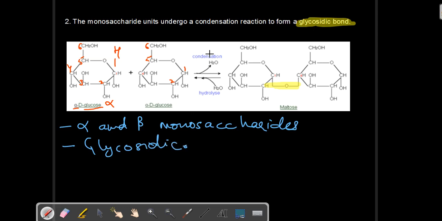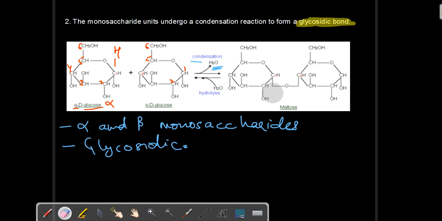A glycosidic bond is basically a result of a condensation reaction in which dehydration occurs, and this is an enzyme driven process. Alright, so maltose is also one of the components that we ingest as a part of our nutrients. Now maltose is also broken down by our body with the help of an enzyme called maltase.